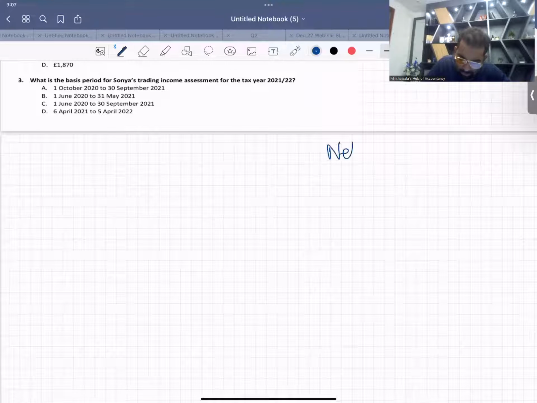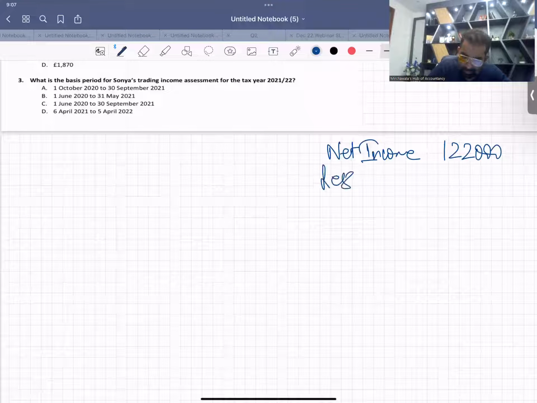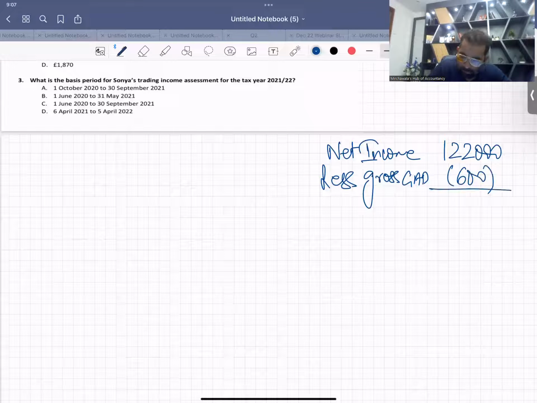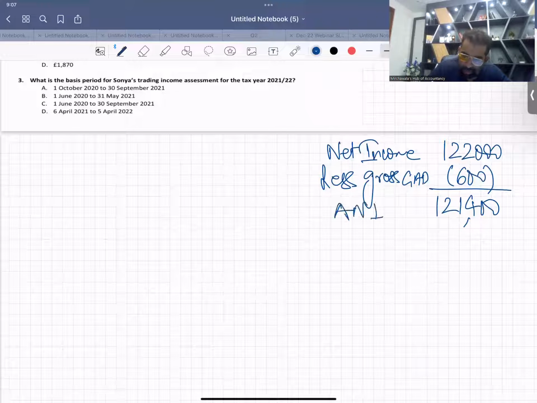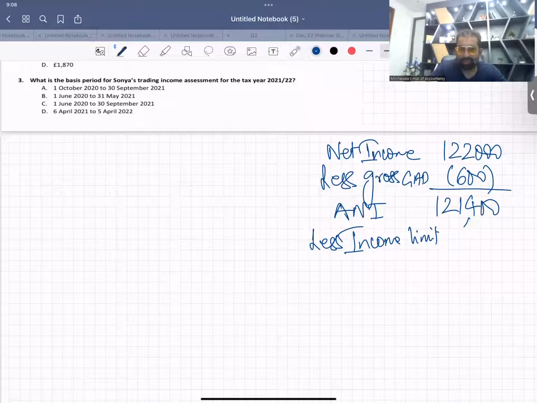So net income was 122,000, less gross GAD of 600, so 121,400 is your ANI, less the income limit. Remember the income limit? Sorry, the whole text was removed suddenly.